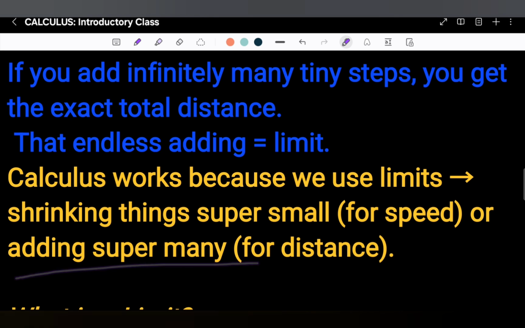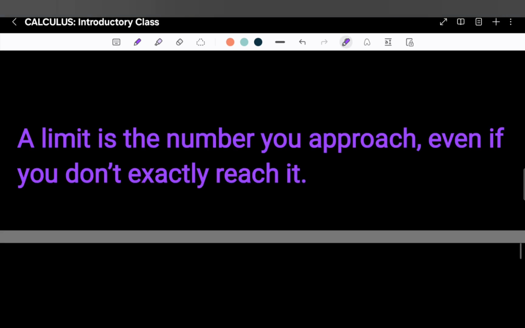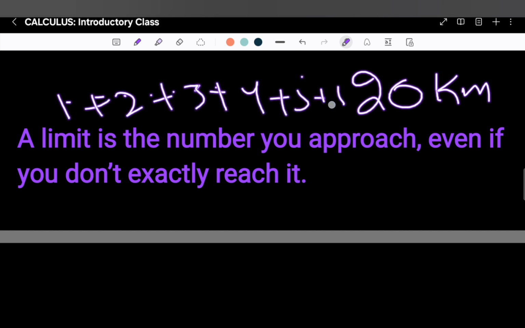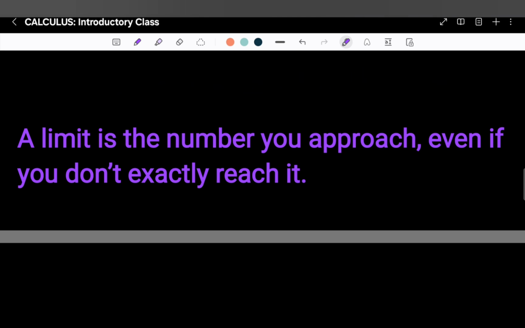A limit is a number you approach even if you don't exactly reach it. Even if you don't get the exact distance or exact speed, still you will be approaching that particular number. For example, your distance is 20 kilometers. While you are calculating 1 plus 2 plus 3 plus 4 plus 5 plus 5.5 etc., you may not get exactly 20, you may get 19.5 or 20.1.